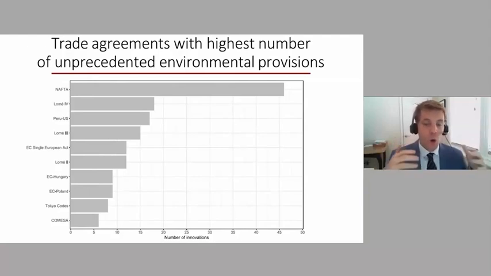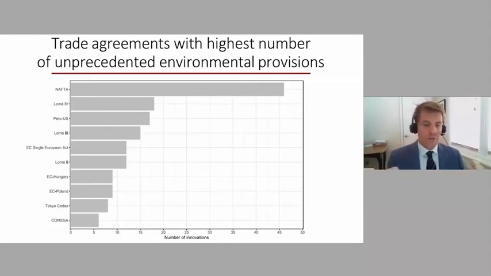So basically, for all the 280 different environmental provisions of my data set, I looked where and when they first appeared in the global trade system. And clearly, by far, the most innovative agreement, with the highest number of novelties, was NAFTA with its side agreement.